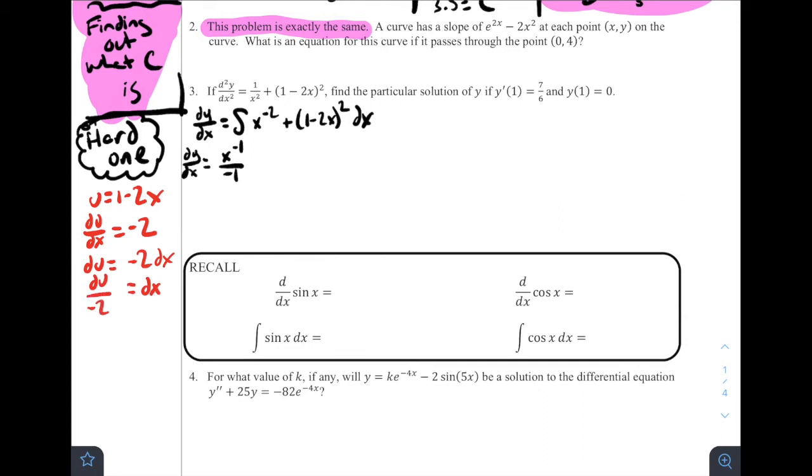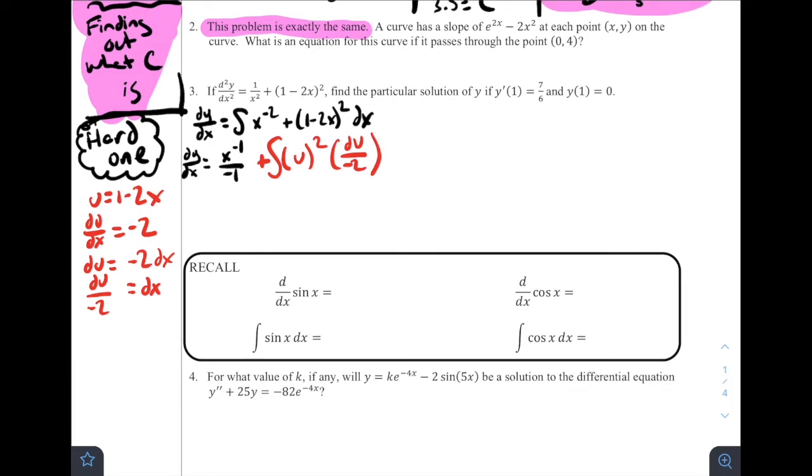So if we substitute in for this, we get plus our, I'm going to leave this still as an integral because we haven't taken the antiderivative yet for that part. But it's going to be plus u squared, right? Because that 1 minus 2x is our u. And then that dx is going to become du over negative 2 for that.